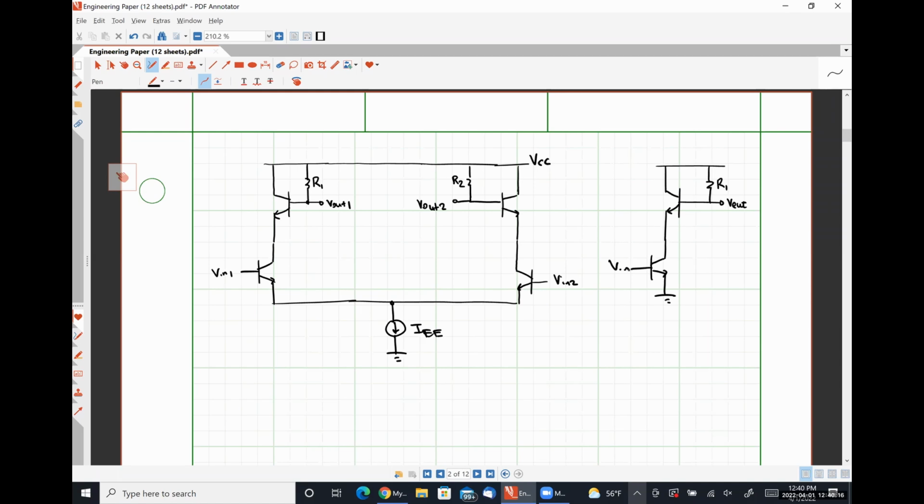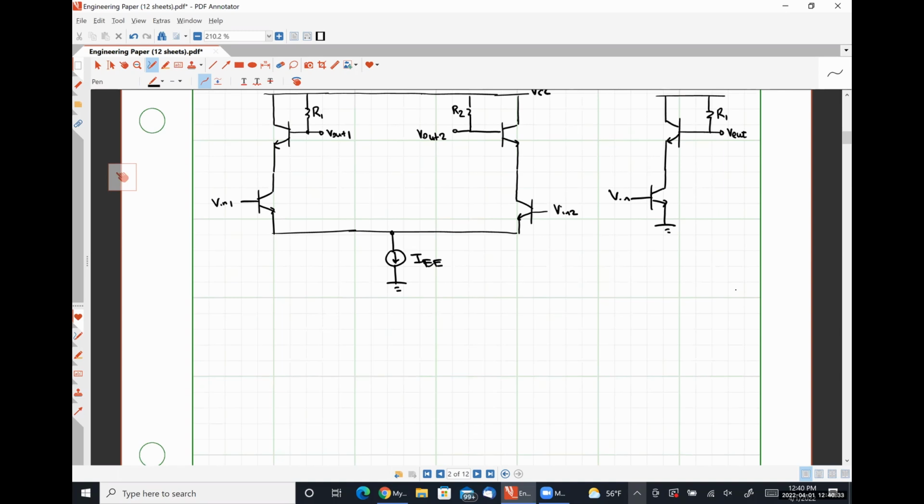I believe I suggested this to you in class, but we are going to use the short circuit transconductance method to figure things out here.